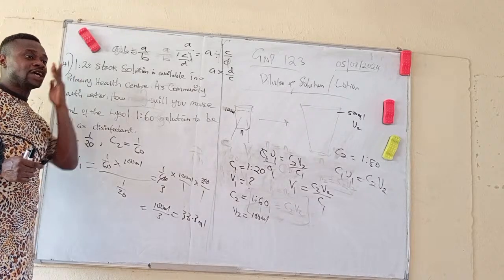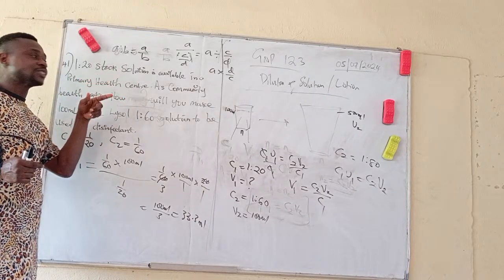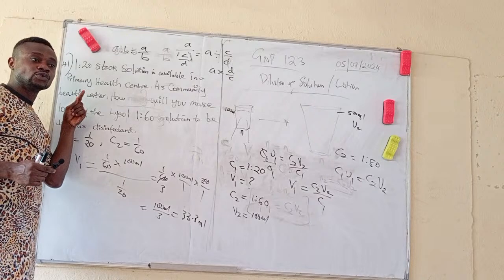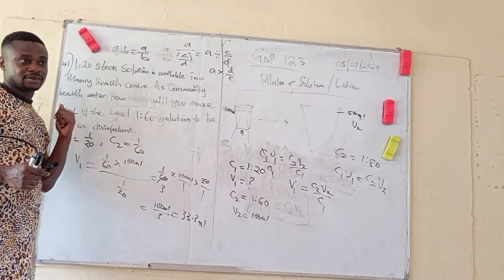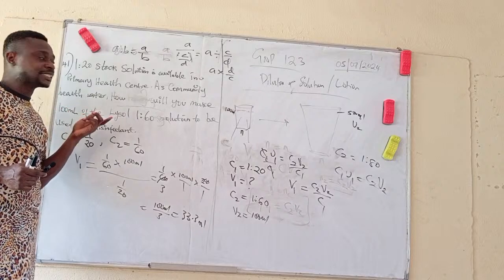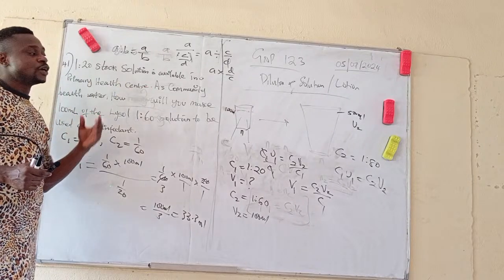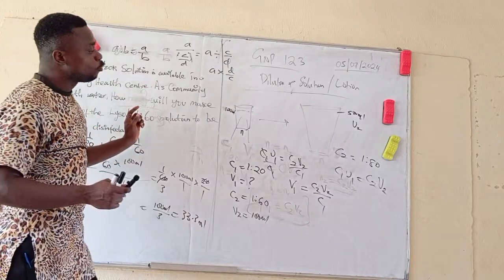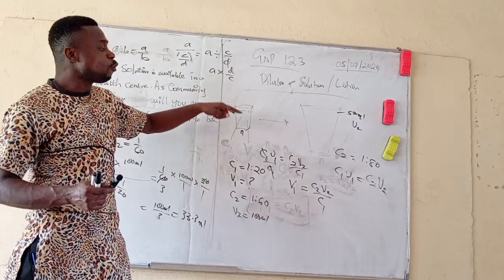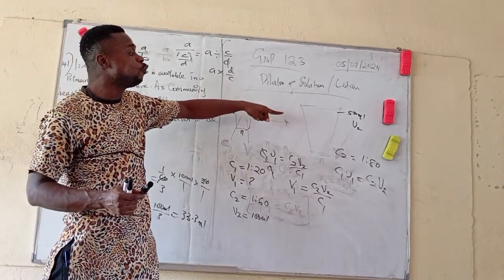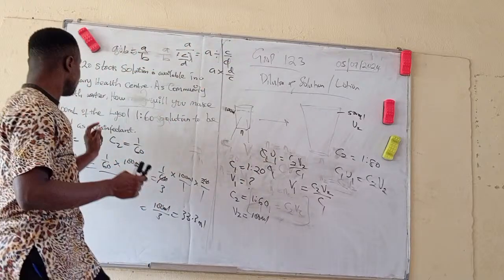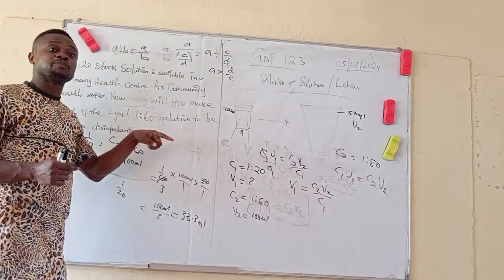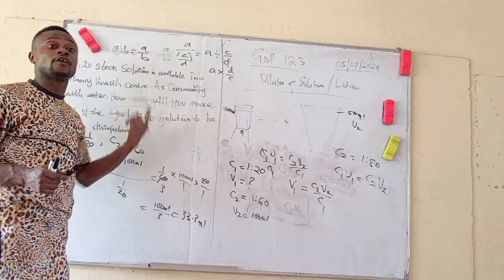You'll be told a stock solution has concentration 1:20 and volume, let's say 50 ml. You'll be asked to prepare a solution. What volume of 1:60 constituted solution can be prepared from it?